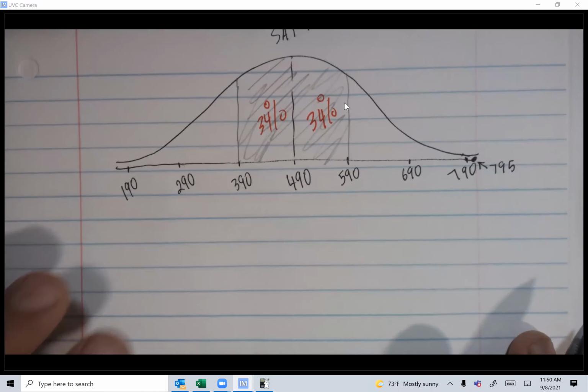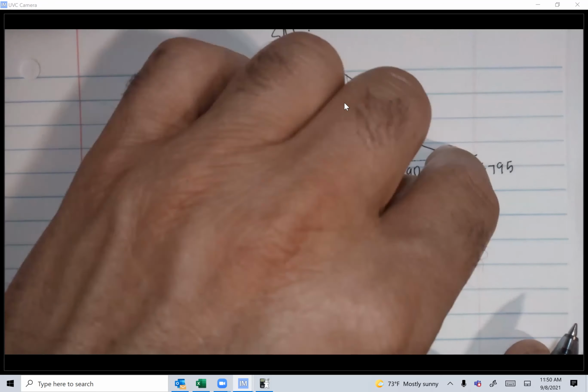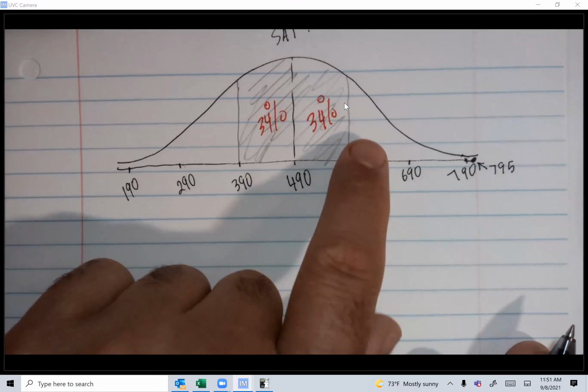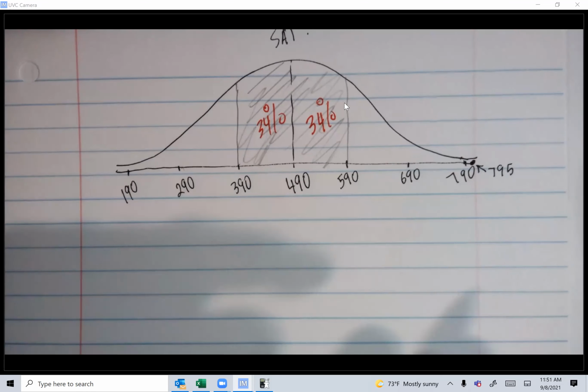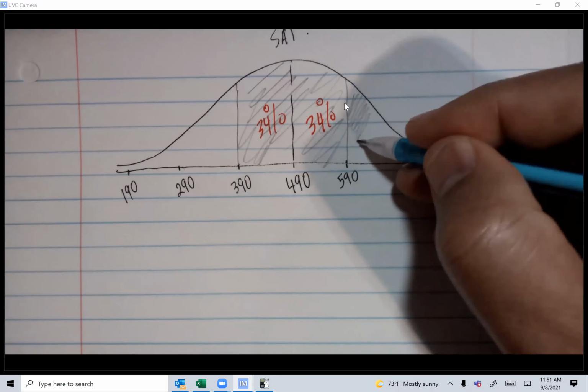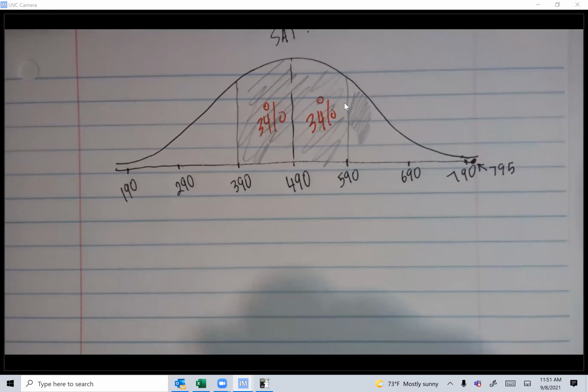If this is a 34%, guys, how much is left for this area? Remember, that's 50%. That splits it up in 50. So can you give me the percentage of the remaining area? I'm going to shade it. Let me shade it in red.